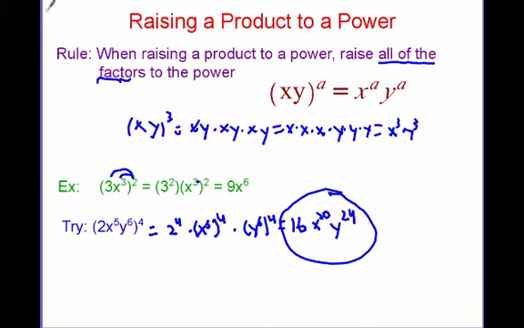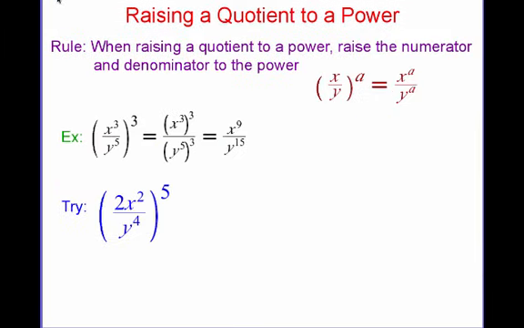So our final rule for today is very similar. If I raise a quotient to a power, if I have a division problem, then I raise both the numerator and the denominator to that power. So x divided by y to the a is the same thing as x to the a divided by y to the a.